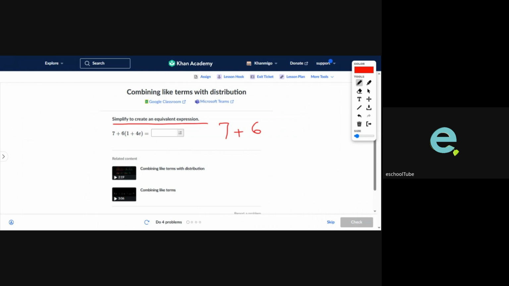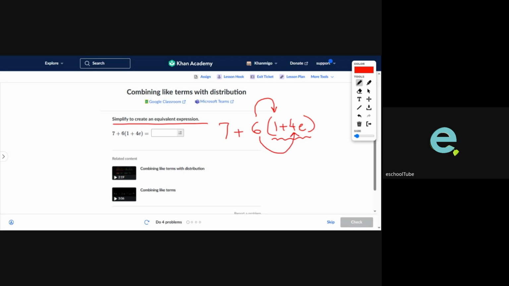Now 6 is being multiplied by the whole set of numbers, which is 1 plus 4e. That's why we have put them in bracket. तो bracket के बाहर जो number होगा, we have already read, it gets distributed. हमने distributive property पढ़े. So पहले 6 को इससे multiply करेंगे, फिर 6 को इससे multiply करेंगे.